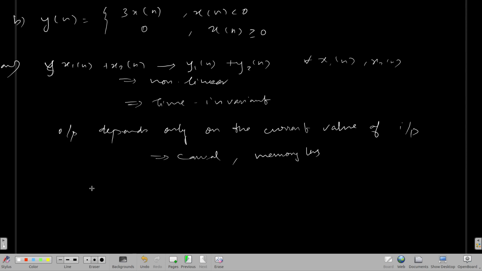Right. Also, what is happening for finite values of the input? The input is just multiplied by 3, or it is 0. That is, if the input is finite, the output also is finite. Therefore, the system is also stable. Right. So it is causal, memoryless, stable, time invariant, and non-linear. Right.